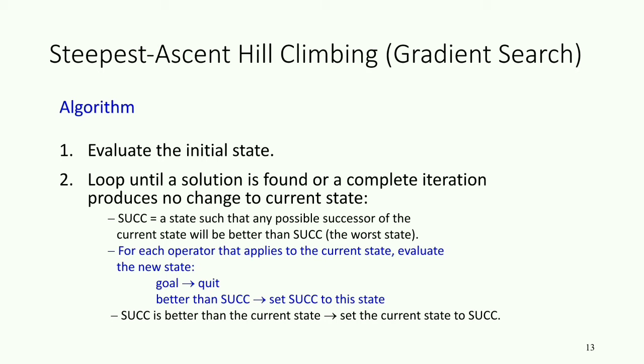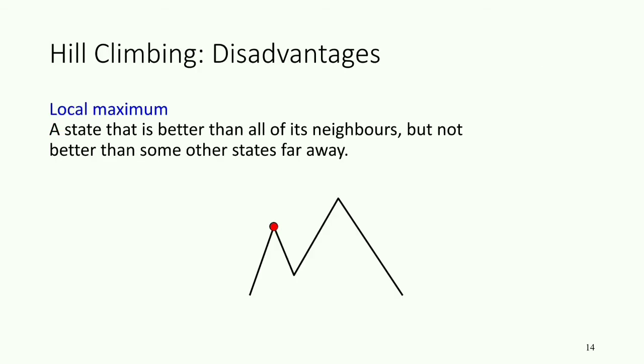For each operator that applies to the current state, evaluate the new state. If that new state is a goal state, then quit. If it is not a goal state but it is better than the successor, then set the successor to that state. If the successor is better than the current state, then set the current state to the successor.